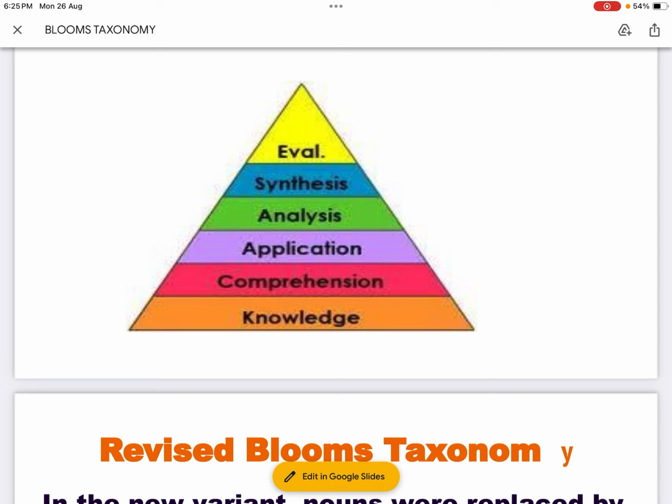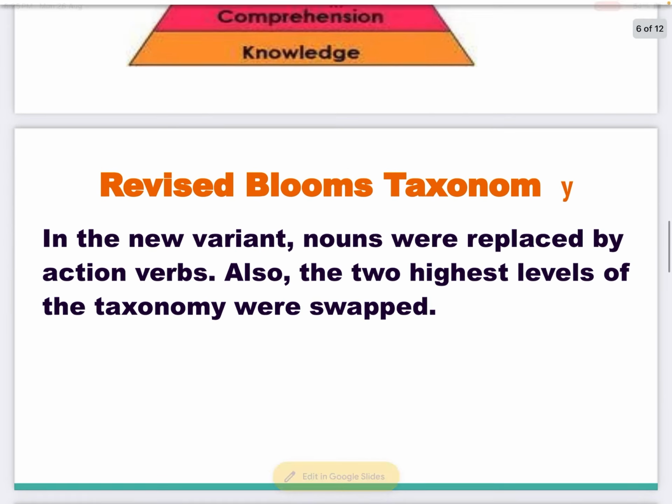In 2001, it was realized that learning is only possible by doing. Without doing, learning is not possible, and therefore all the noun forms were transformed into verbs. Not only this, but the pinnacle levels were swapped: synthesis was put at the end and evaluation was put before. Now let us see how the swapping happened.